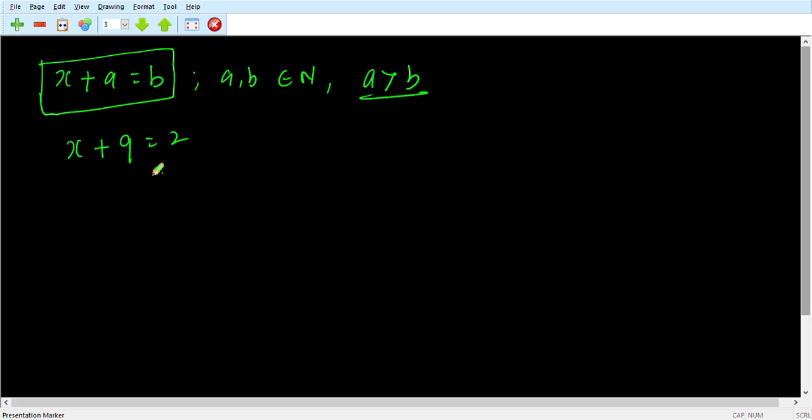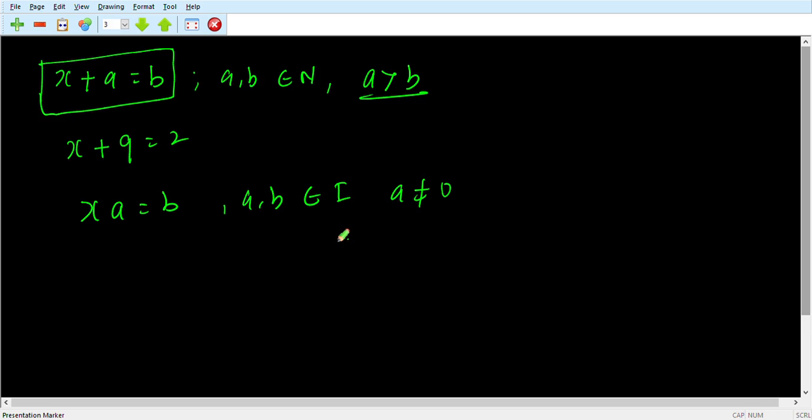So now, at this stage, you have to extend natural numbers to integers, in which every equation of the form x plus a is equal to b, where a and b belong to natural numbers, is soluble. But the equation of the form ax is equal to b, where a and b belong to integers and a is not equal to 0, is not soluble in integers also.